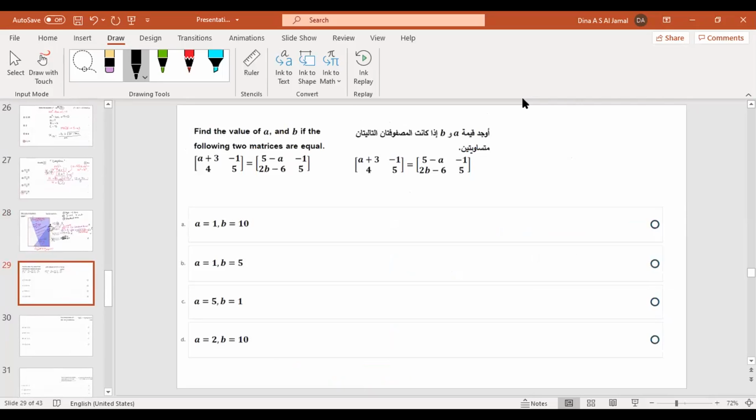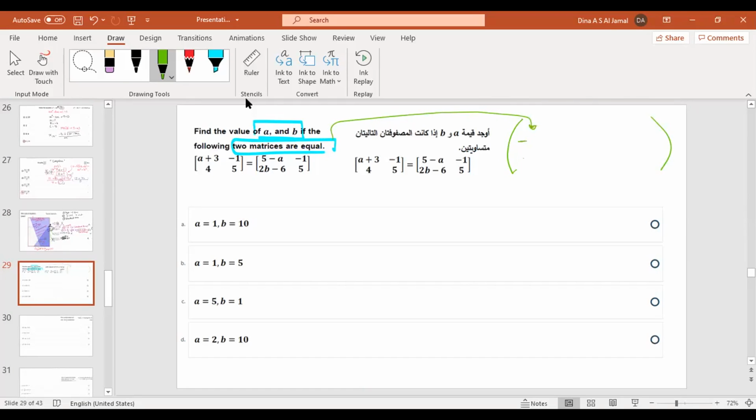In this question, and actually the same question is in your book, and I think it is one of the questions in the slides of the guided practice. Find the value of A and B if the following matrices are equal. So you have to ask yourself when two matrices can be equal.